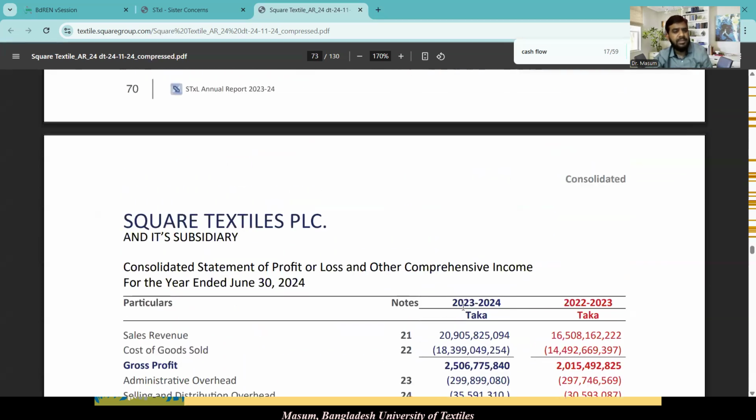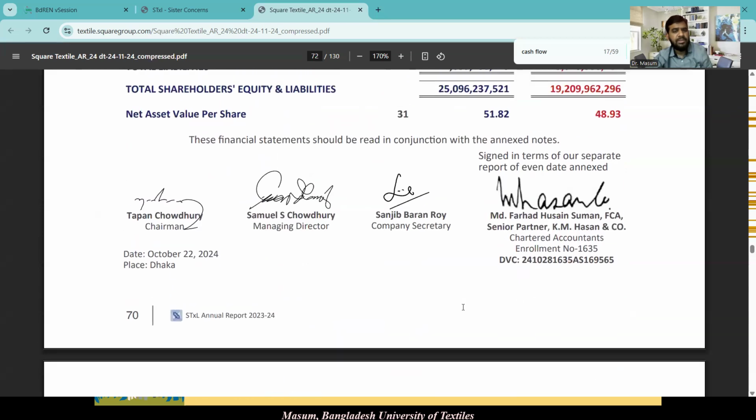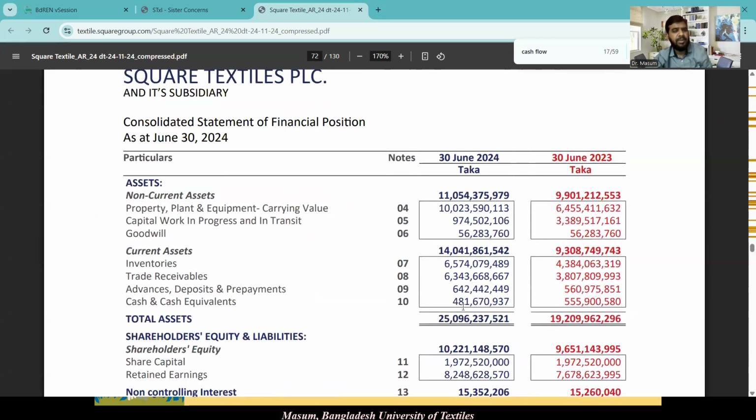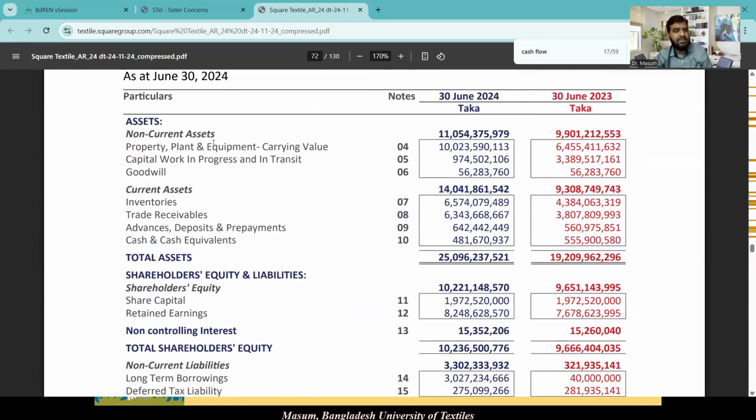This is the profit and loss statement. This is the balance sheet of the company. And under assets, you will find cash and cash equivalents. What is the amount of cash and cash equivalents? In 2024, it was 481 million, and in 2023, it was 550 million.